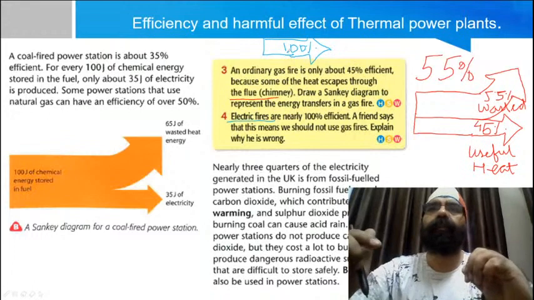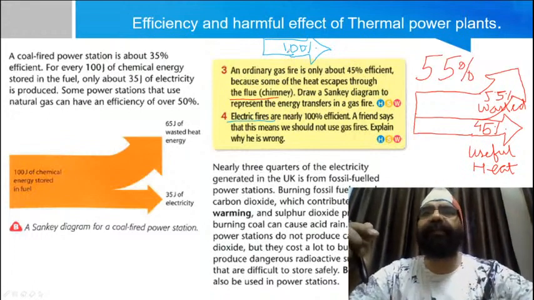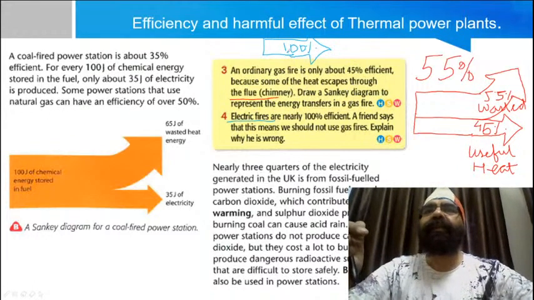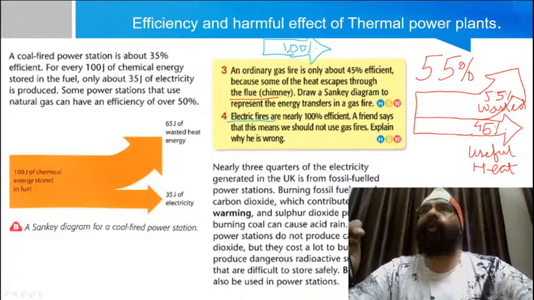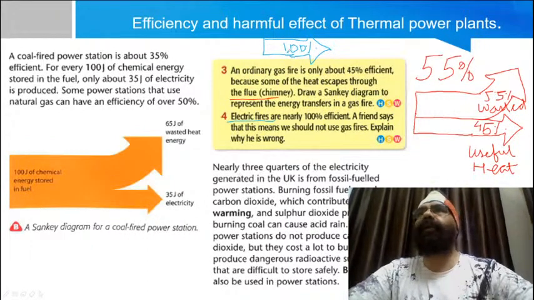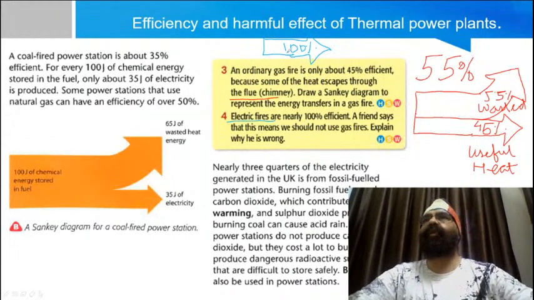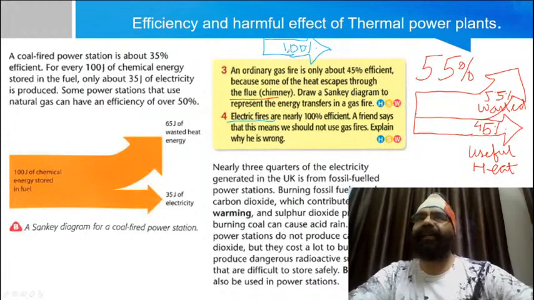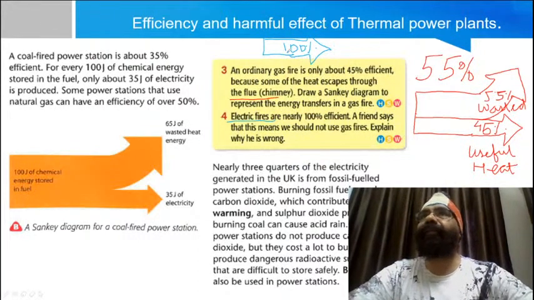So a friend of mine, he says that this means that we should not use gas fires and we should only be using electrical fires. But I know that whatever he is saying is wrong. His logic is that electric fire is 100% efficient as compared to natural gas, which is 45% efficient.